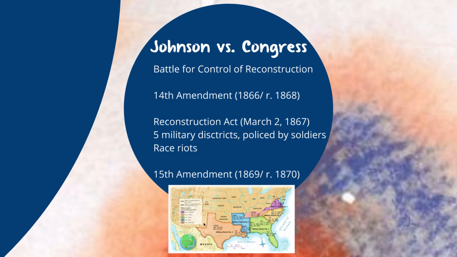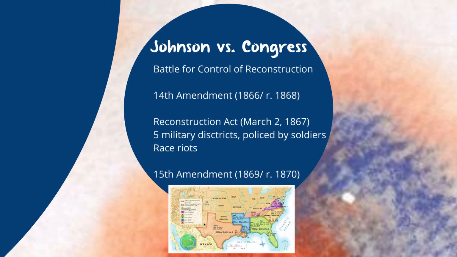So what happens? Well, they try to pass an extension for a bill to continue funding the Freedmen's Bureau. Johnson vetoes. Congress then strikes back with the Civil Rights Bill, right? So not only are they overriding his veto, but now they're saying, nope, we're going to take it a step further and pass the Civil Rights Bill.